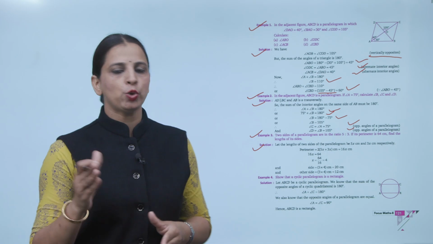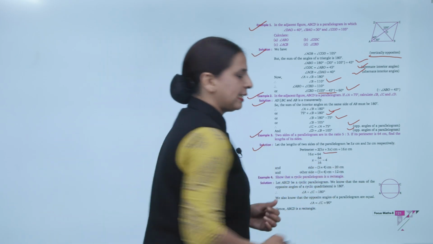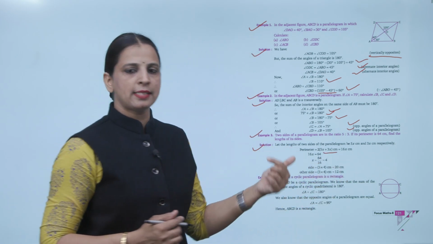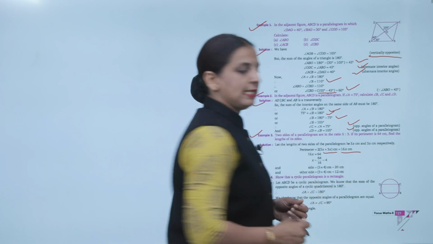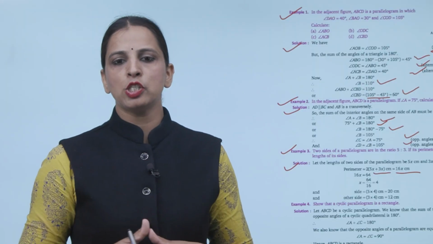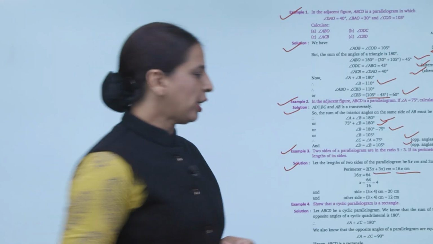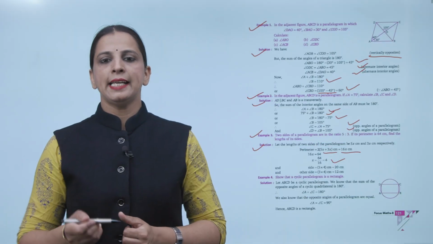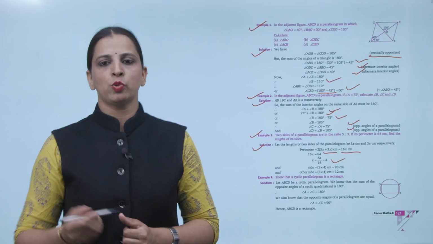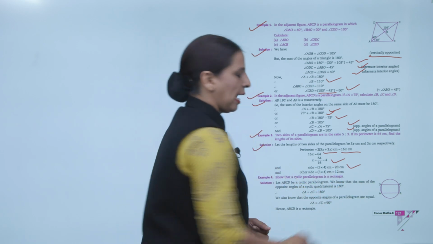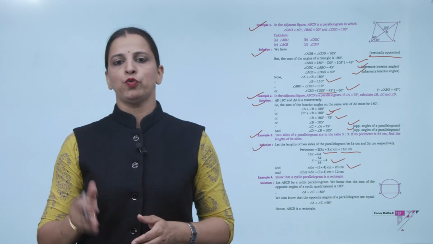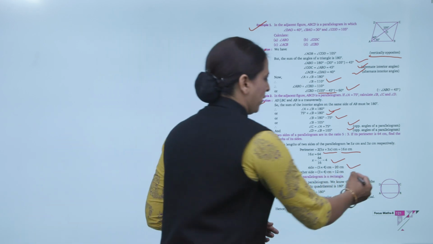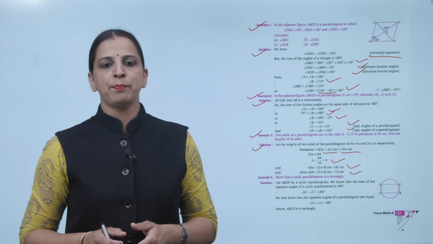Perimeter is equal to 2 into (L plus B), that is 2 into (5x plus 3x) centimeters is equal to 16x centimeters, that is equal to 64. X की वैल्यू निकली 64 upon 16 is equal to 4, and one side is equal to 5 into 4 centimeters is equal to 20 centimeters, and the other side is equal to 3 into 4 centimeters is equal to 12 centimeters. Now, example 4.